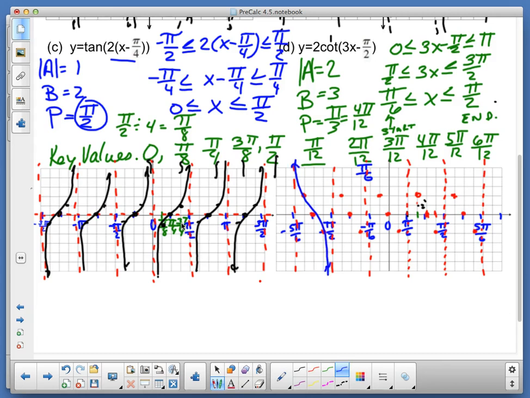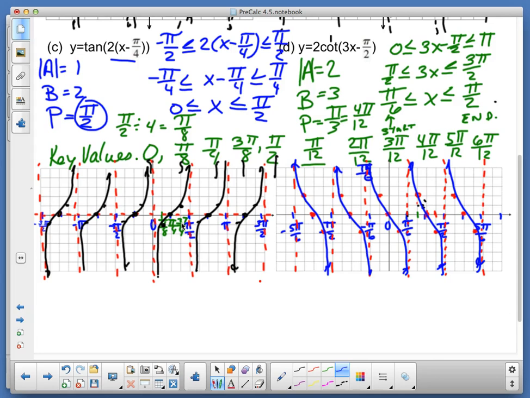I suppose I should put arrowheads on these. Ooh, that's much easier to do. Difficulty created because of funky fractions. Okay? Any follow-up questions?